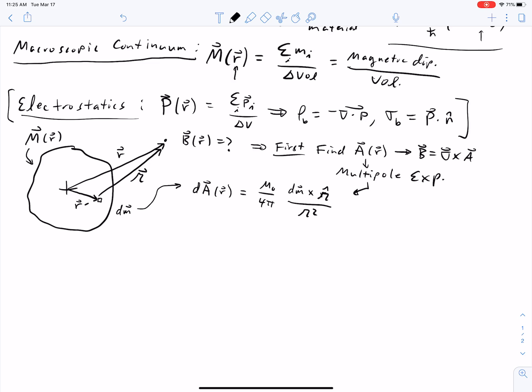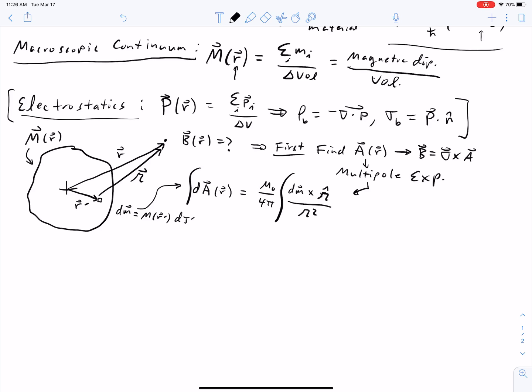And so now to get the total A at that field point, we just have to integrate. The total A is equal to the integral of all the little dm's. But of course, we know that dm is equal to the magnetization of the material times d tau prime.